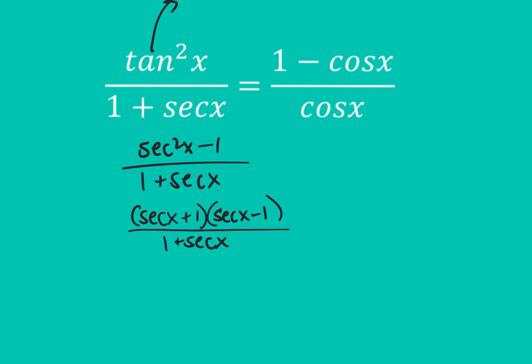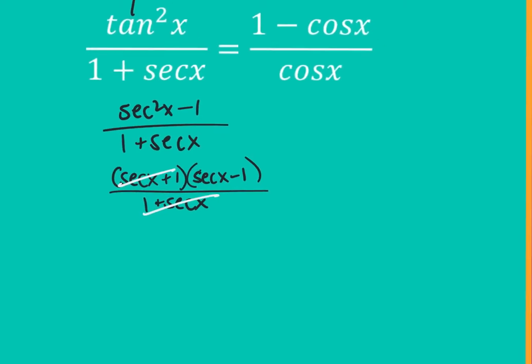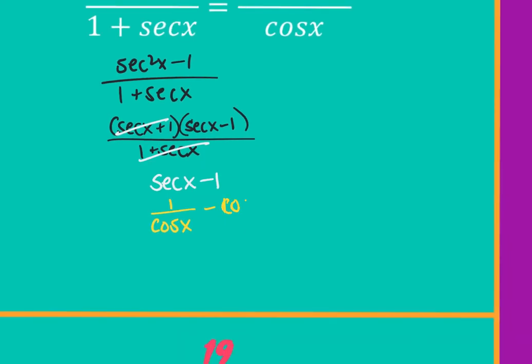The 1 plus secants are going to cancel, so secant plus 1 and 1 plus secant, and I get secant x minus 1. Secant becomes 1 over cosine minus 1, which becomes cosine over cosine. And I get 1 minus cosine x over cosine x, which equals the other side.